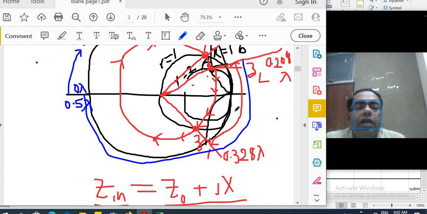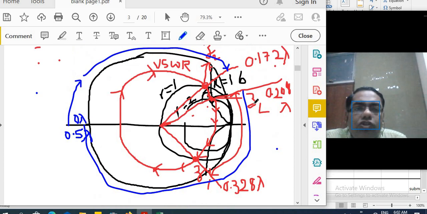So let us go back to the Smith chart. We got two distances d1 and d2.